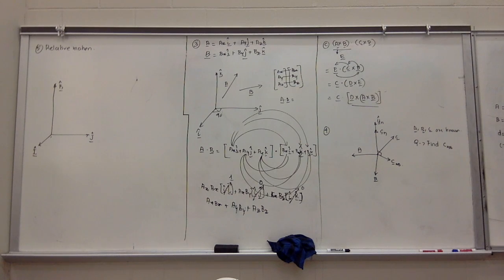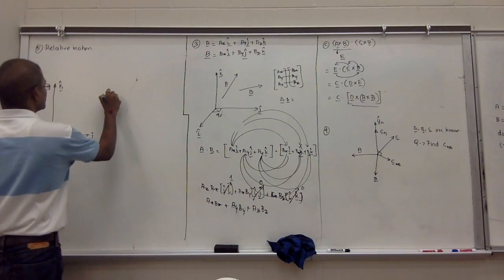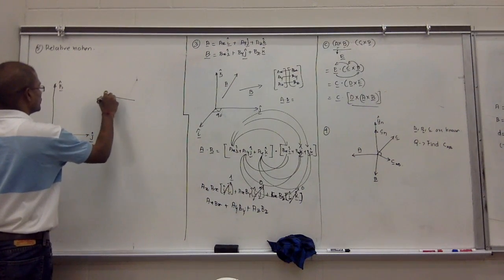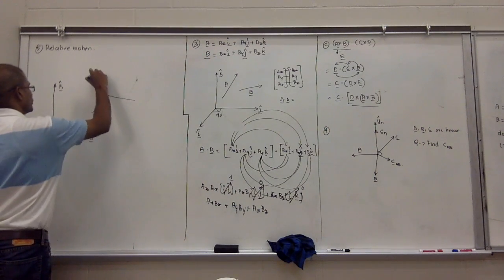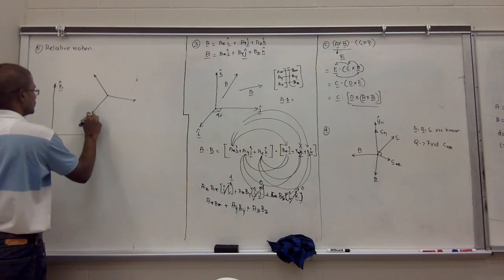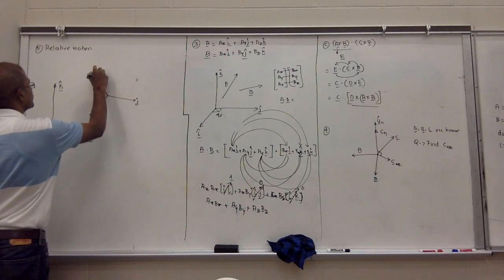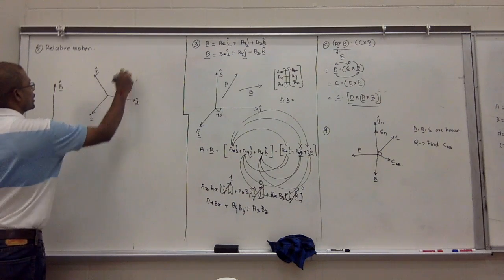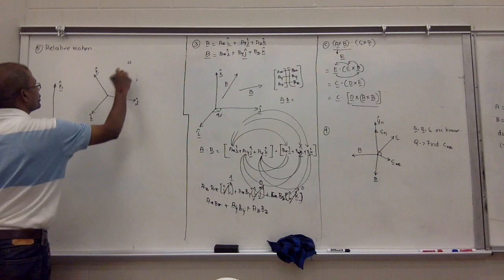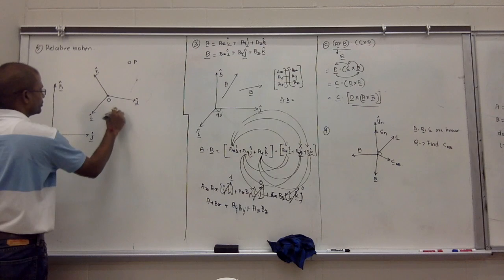You have a moving frame and then a point. This is small i, small j. And then you have some point P. This origin is O. This is the moving frame.